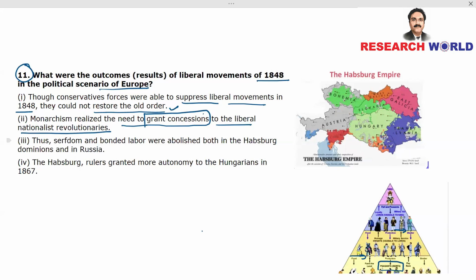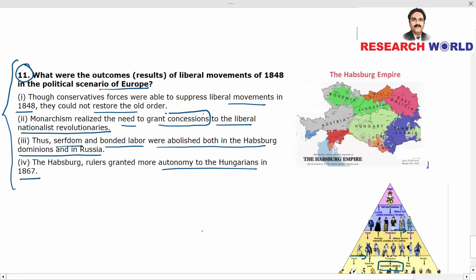Third point, thus serfdom and bonded labor were abolished both in the Habsburg dominions and in Russia. The Habsburg rulers granted more autonomy to the Hungarians in 1867. So these are the 4 major outcomes of liberal movements of 1848. Now let's discuss each one of these.